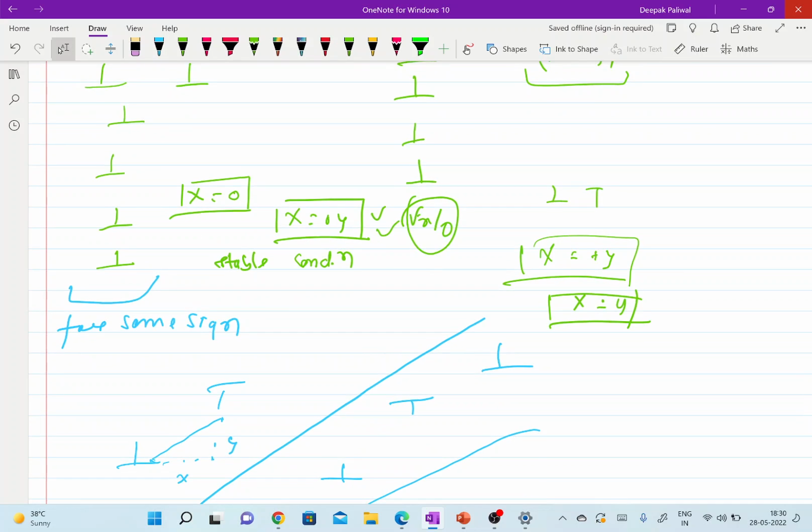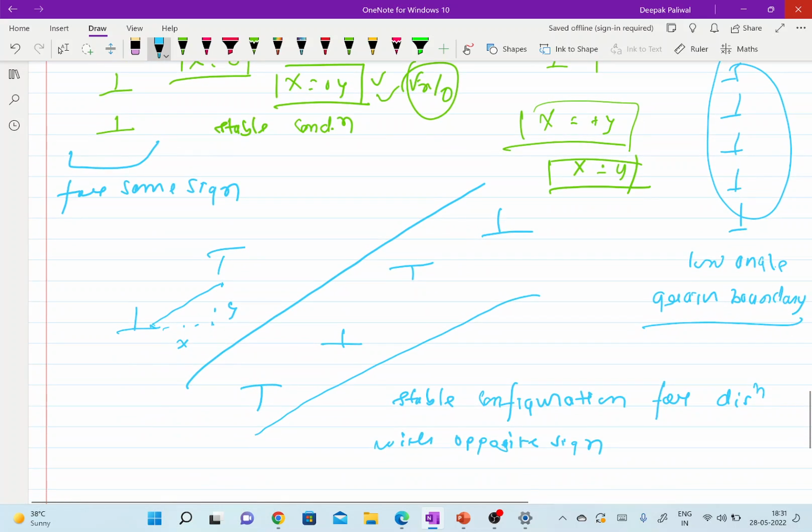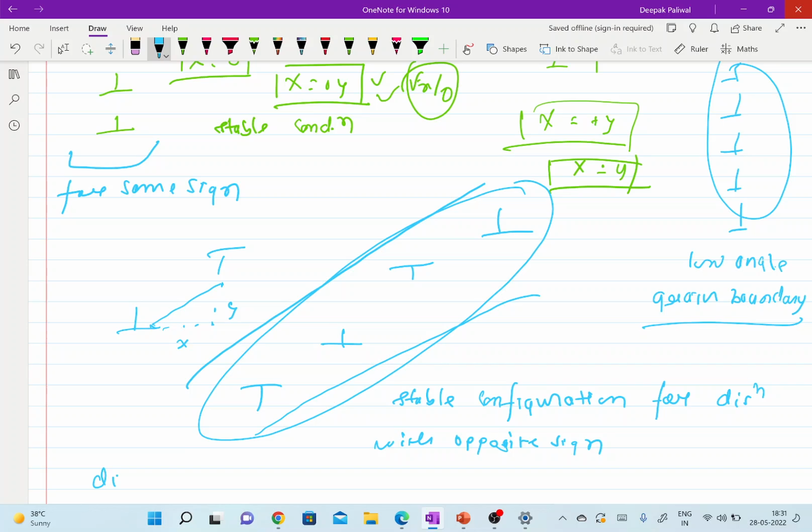Okay, the idea is only that the force between the dislocations should be a minimum or 0. That is the only criterion. And when the dislocations are arranged like this, it is called a low angle grain boundary. And when dislocations are arranged like this, it is called a dislocation dipole.